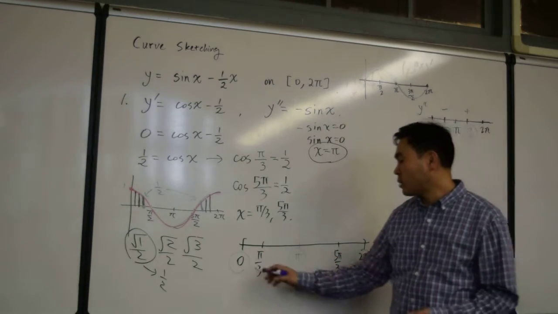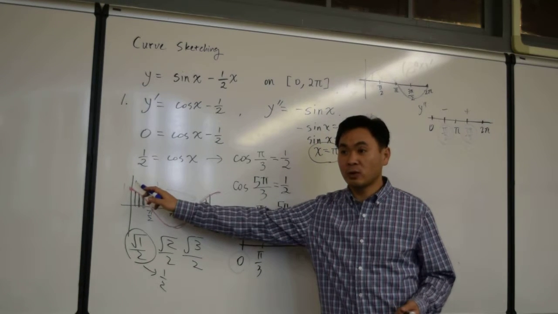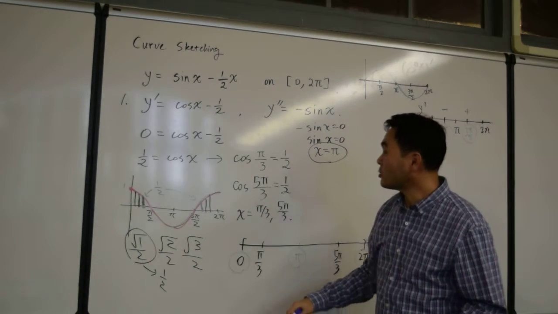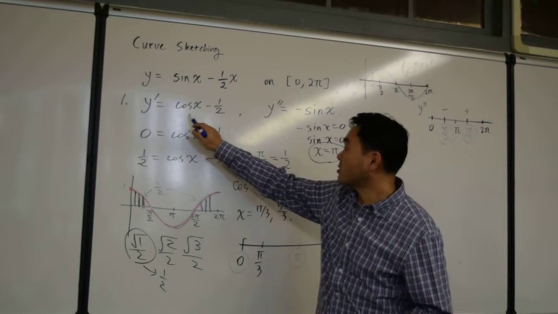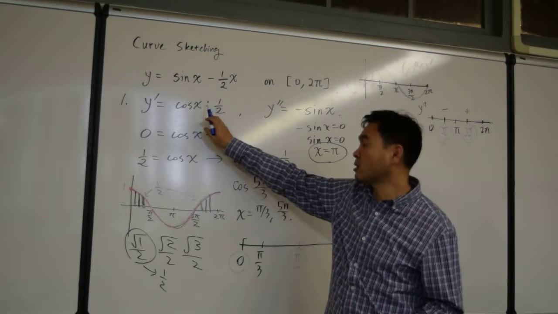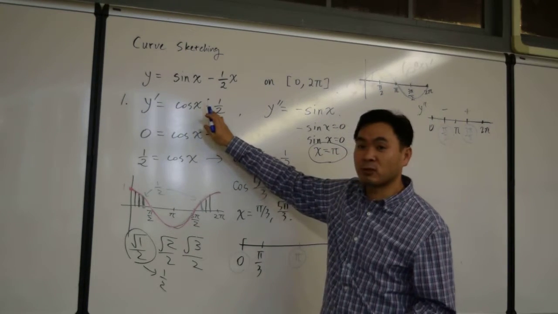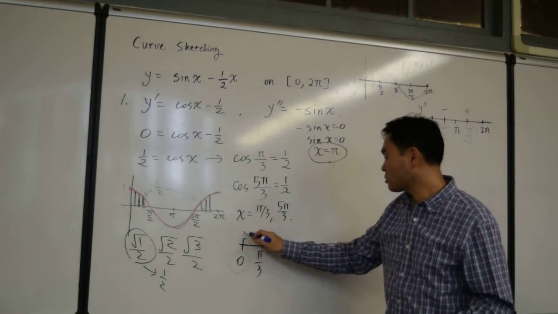Now, what's cosine of 0 according to this graph? 1. If cosine of 0 is 1, what would you get if you plugged in here? 1 minus 1/2. What does that give us? 1/2, so it's positive, right? So it's going to be positive here.